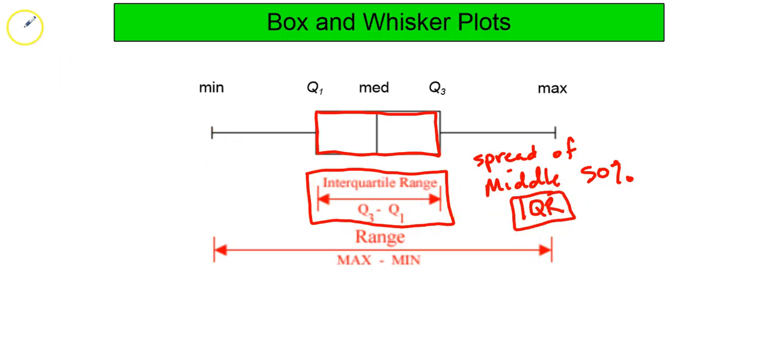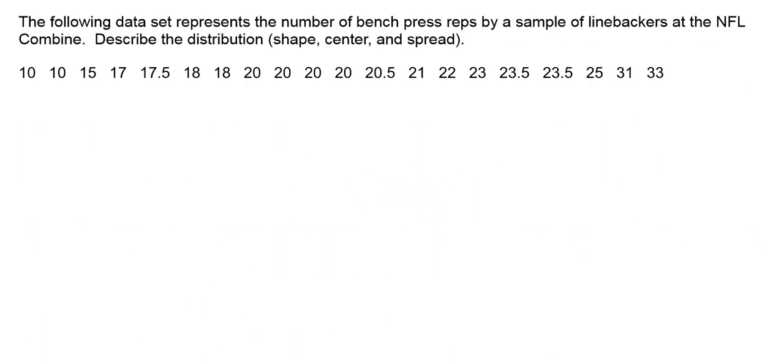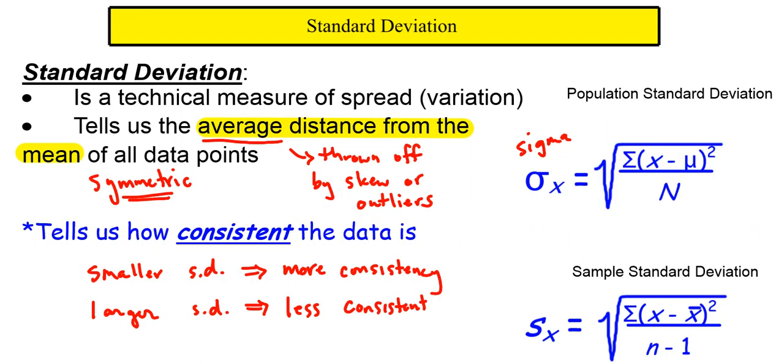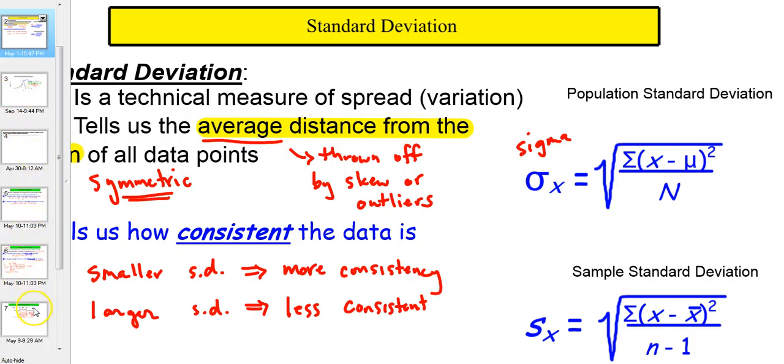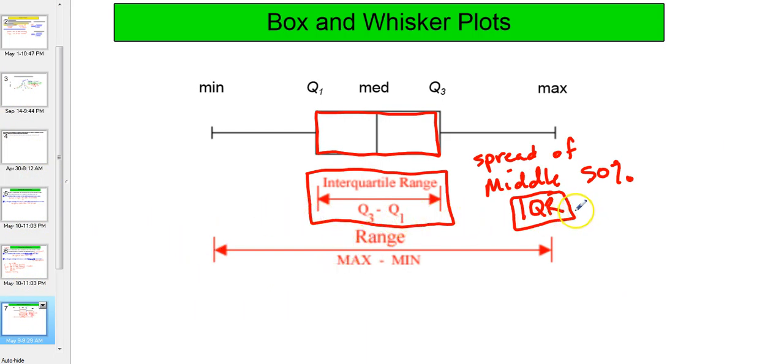And we talked about before how standard deviation is thrown off because it's an average distance. It's thrown off by skew or outliers. Well, if we look at this particular measure of spread, IQR, we're chopping off the top portion and the bottom portion. So any kind of skew or outliers is going to be mitigated. The effect is going to be mitigated on the IQR.